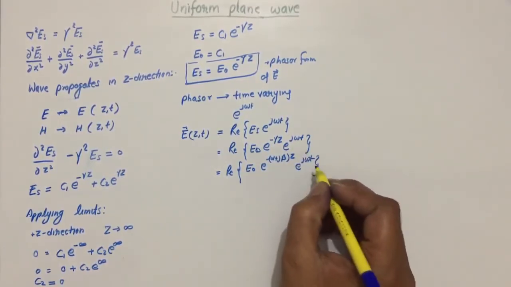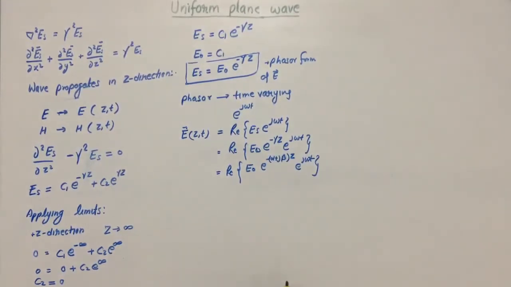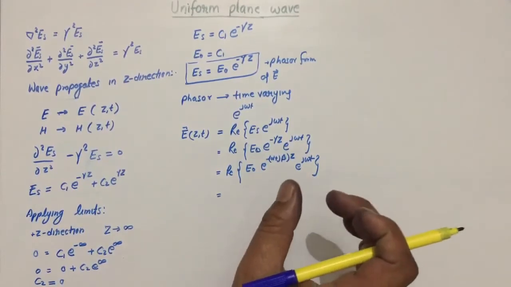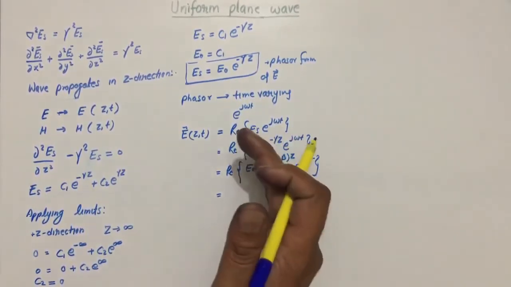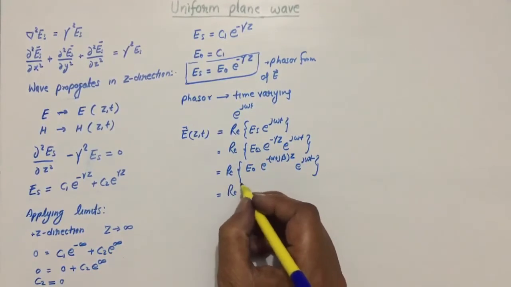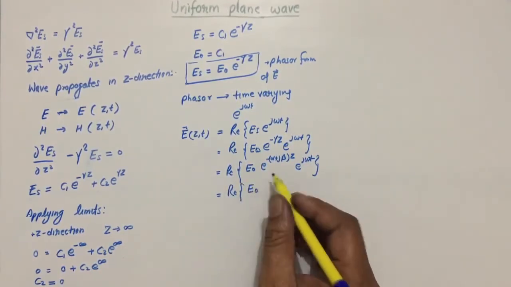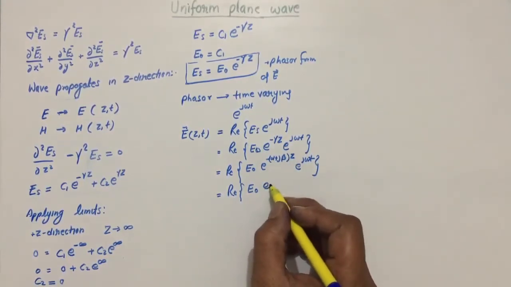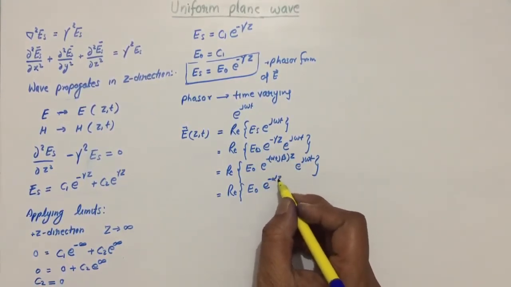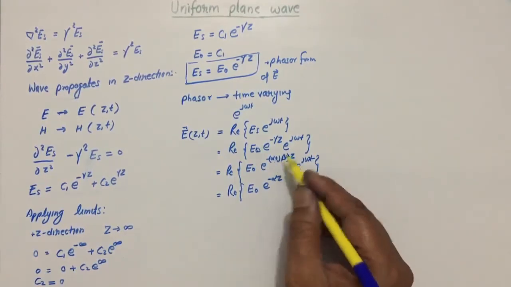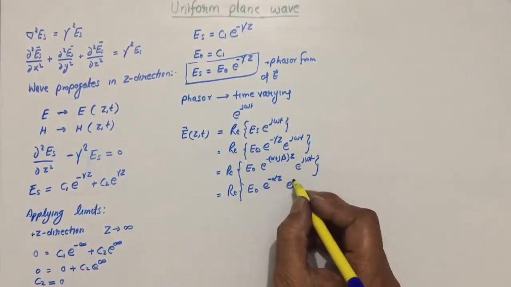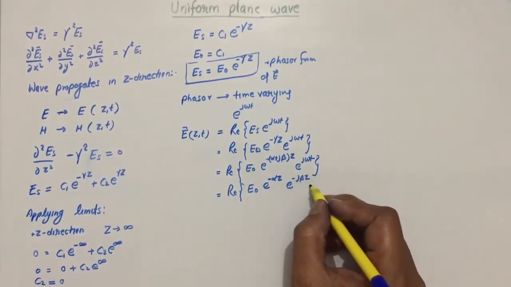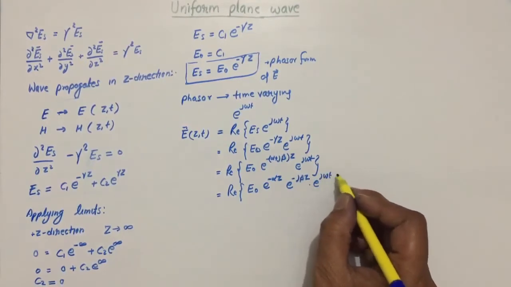If we further simplify this, we will keep j terms together and remaining parts together. We can have E naught e to the power minus alpha z, and the remaining term will be e to the power minus j beta z multiplied with e to the power j omega t.